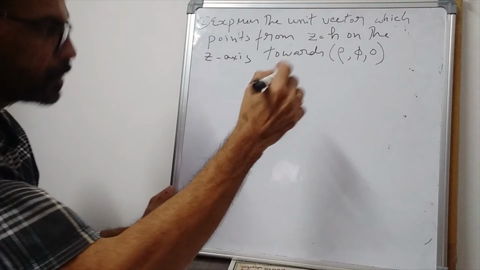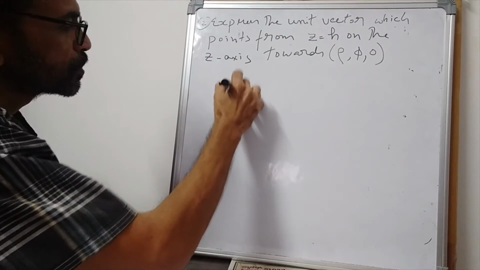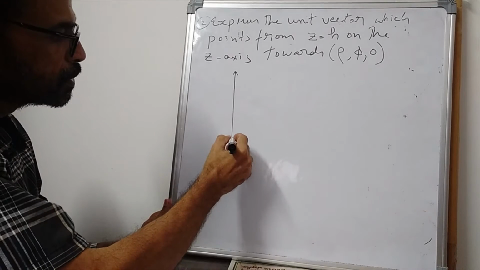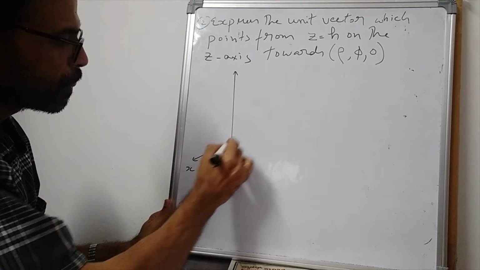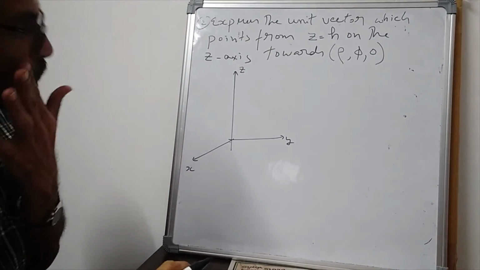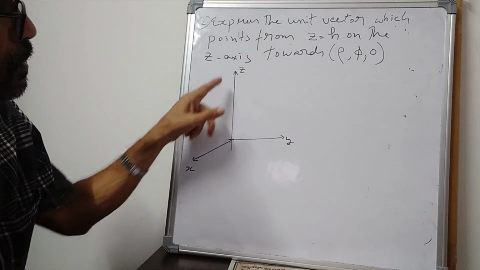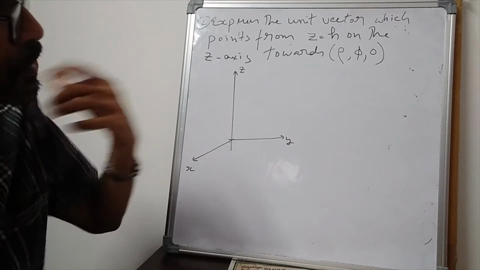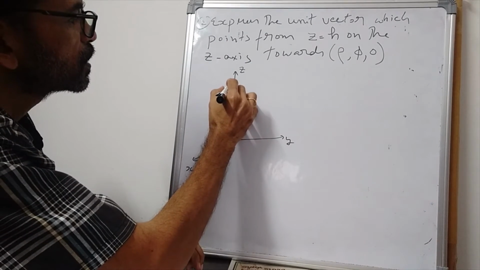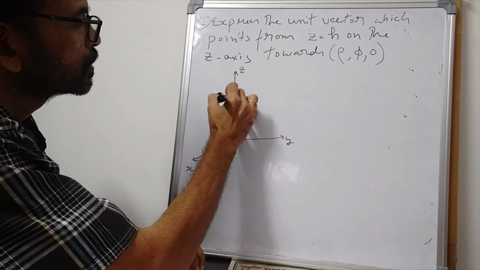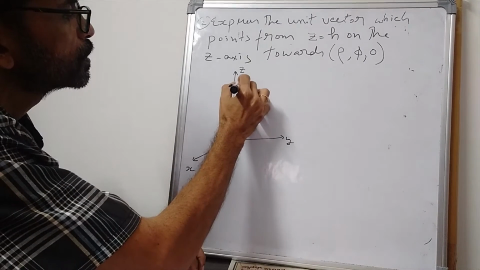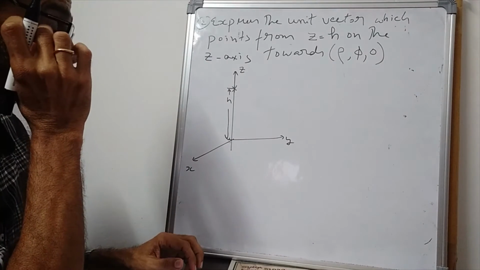So let's draw a picture, because a picture will always be helpful. Now the given point, the first point is z equal to h. So if I say this is h, then this point is z equal to h.